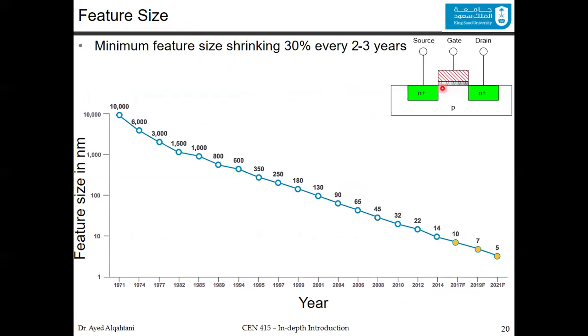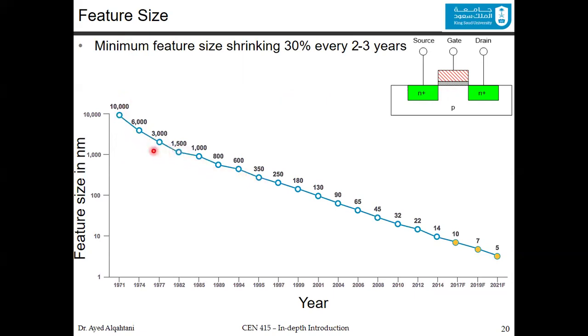So this length we record in this plot from 1971 all the way to 2021, and you can see that the feature size, which is the length between the source and the drain, is shrinking every year.